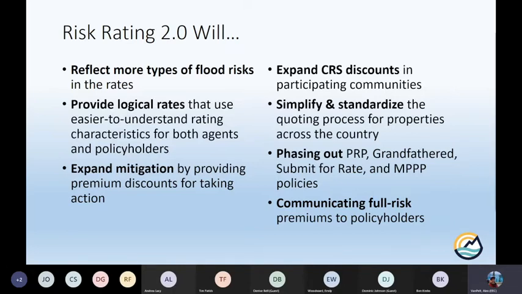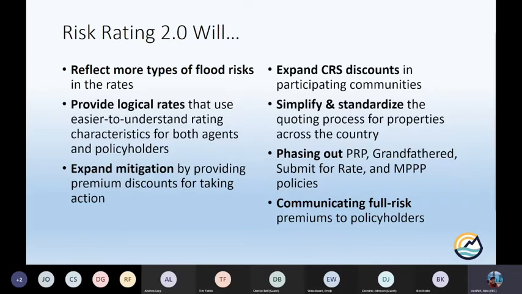There was no way off that escalator unless you got an elevation certificate and submitted it to your agent and allowed them to calculate your full risk rate. Risk Rating 2.0 is going to put that full risk rate on your bill. So you're going to be able to directly see it and compare it to what you're paying now. So your insurance agent is going to be able to tell you how many more annual increases you can expect to see before you're at full risk.